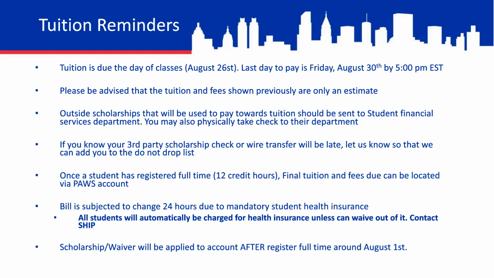We need that scholarship confirmation letter, even though your physical check or the funds will be transferred later. We need that offer letter from your government, third party, or sponsors sent to our financial aid office so that we can apply it to your account and you won't be dropped.